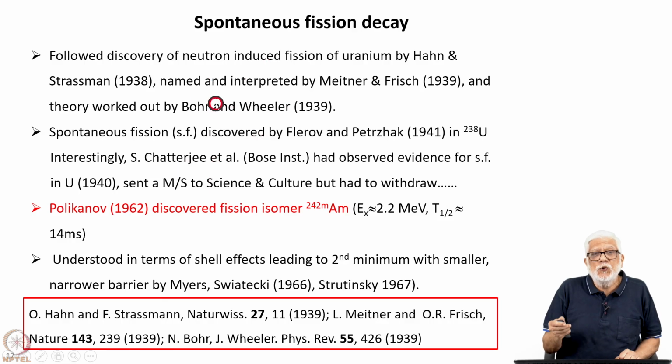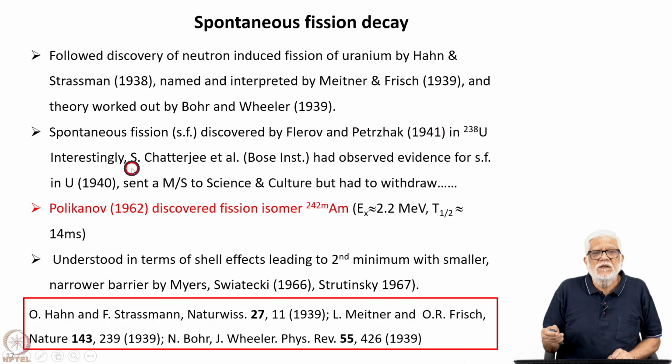Now, this was in neutron induced fissions where the typical excitation energies are 6 to 8 MeV, but you can also have spontaneous fission, and this was discovered by Flerov and his colleague in 1941 in U238.